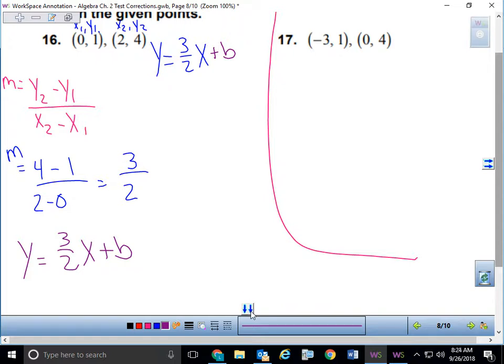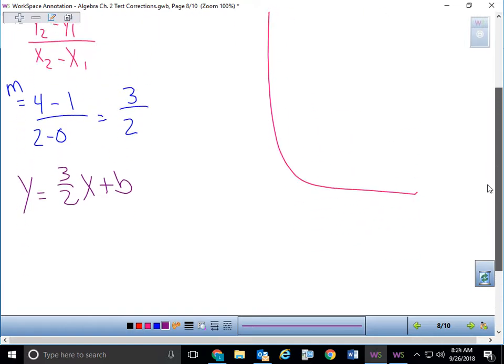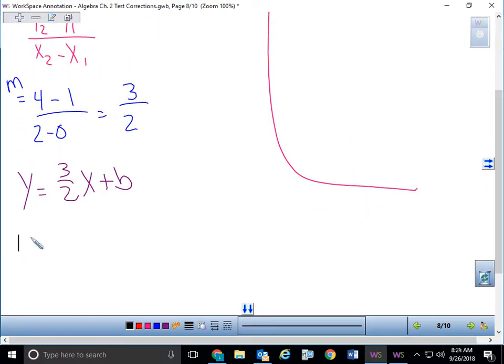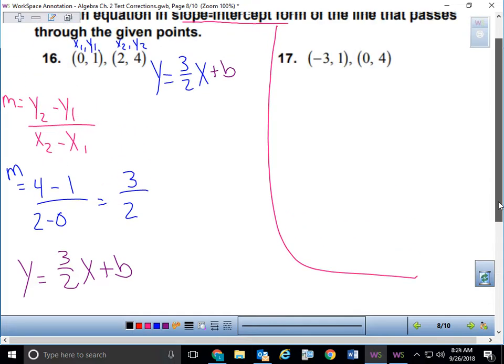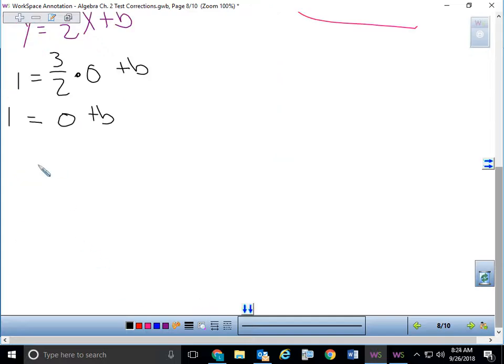That means substituting 0 for your x value, right, and 1 for your y. So I have 1 equals 3/2 times 0 plus b. Well, anything times 0 is 0. So I have 1 equals 0 plus b. So this tells me my b is 1.